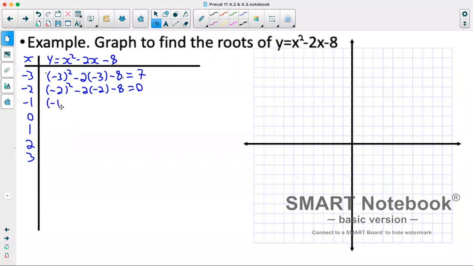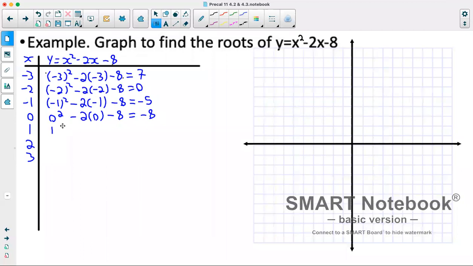Next, we have -1 squared minus 2 times -1 minus 8. -1 squared is 1. -2 times -1 is +2. So 1 plus 2 is 3. Minus 8 is -5. Next, we have 0. We've got 0 squared minus 2 times 0 minus 8 gives us -8.